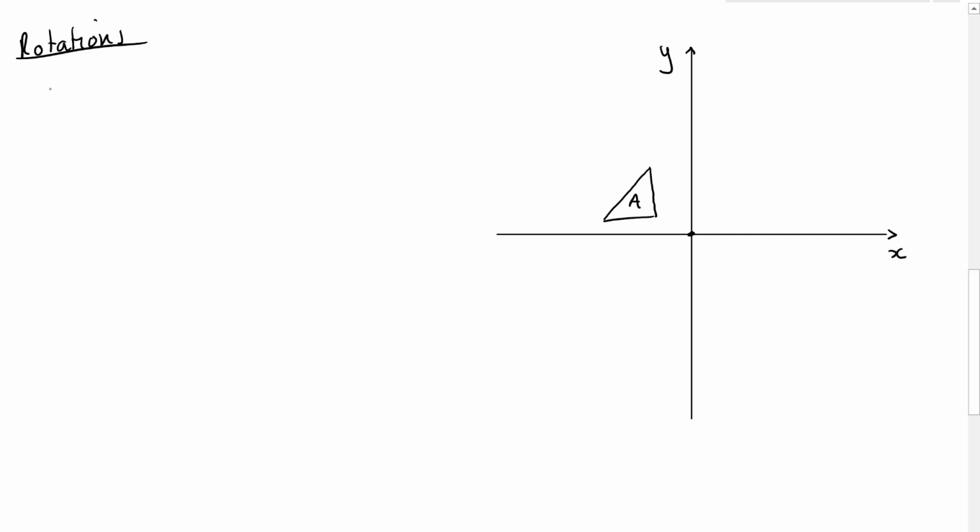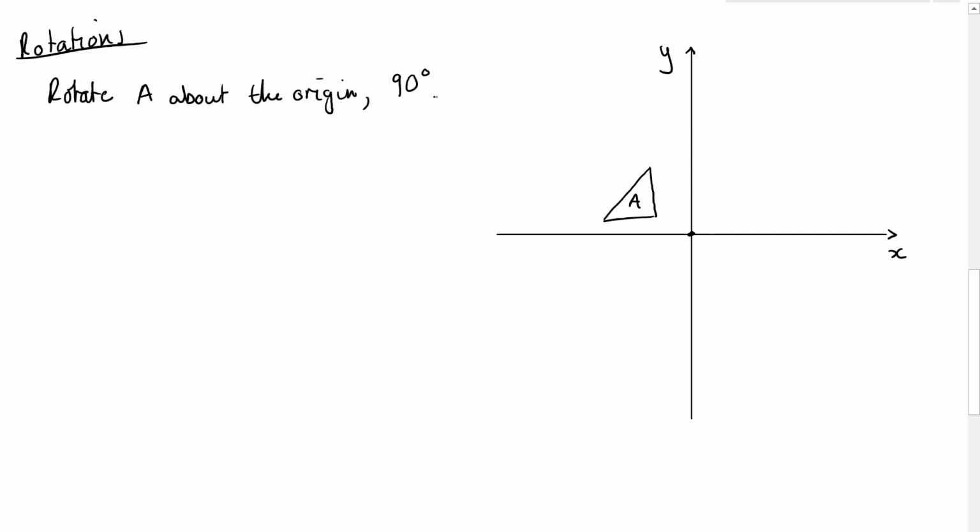Let's go with a nice easy one. They would have to specify in the question the amount of degrees. So it would be rotate A, and we're going to go with 90 degrees about the origin.